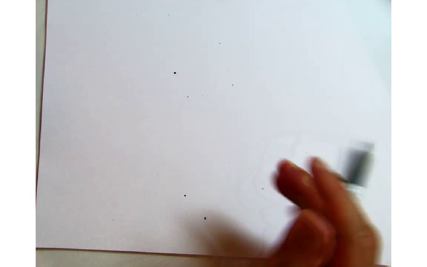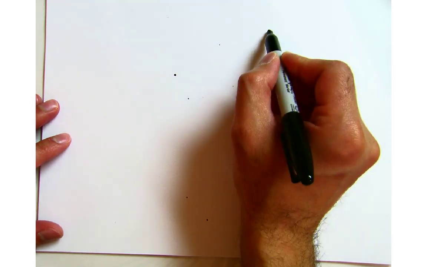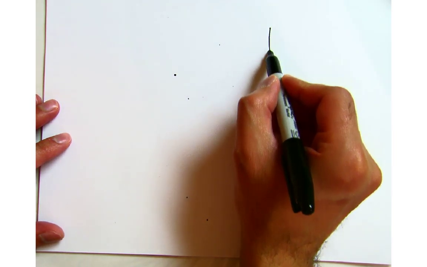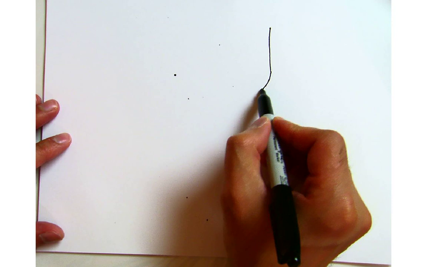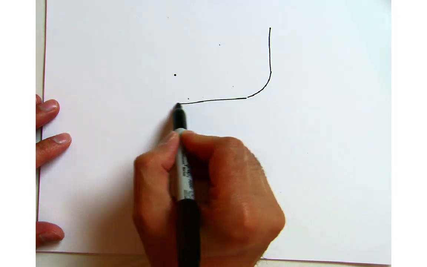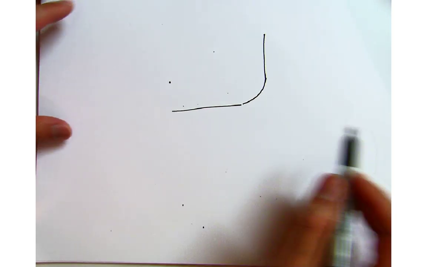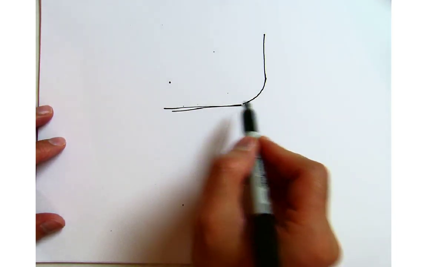So let's continue with this idea. If you have forces acting on curved surfaces, let's just take something like this. If this is an object and then you have a curved surface and then it goes all the way up till here, again this is a straight line.